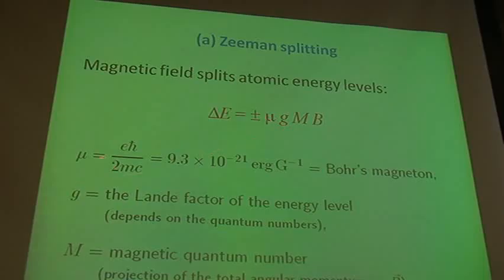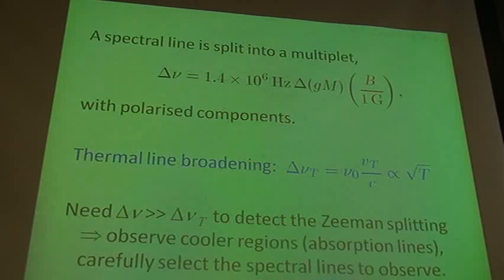Mu is just a combination of physical constants called Bohr's magneton. G is a Landé factor, which depends on the quantum numbers, just one simple function of the quantum numbers of the two atomic energy levels. So this is the amount of split that you can have for a given magnetic field. And it's measurable.